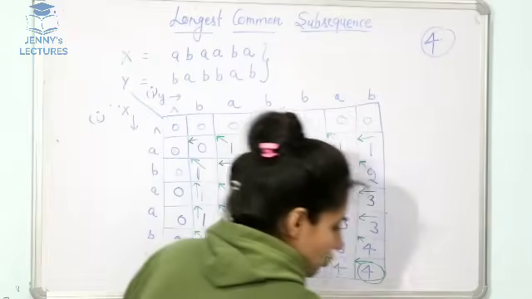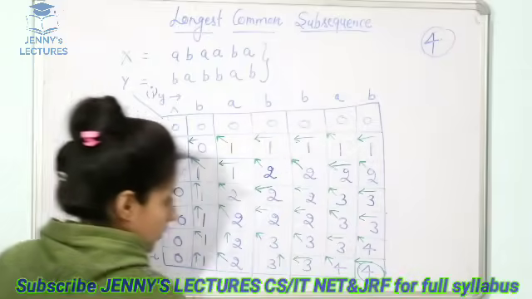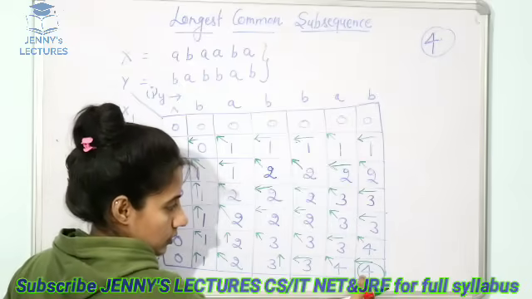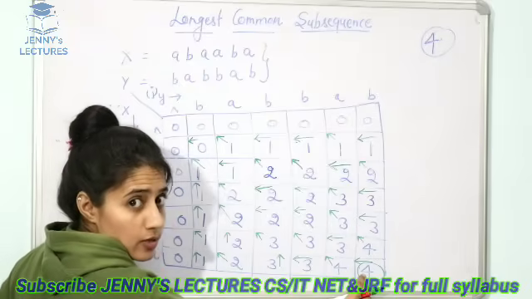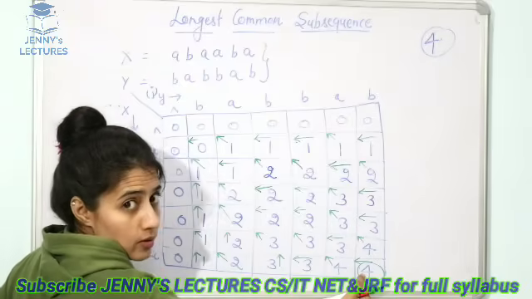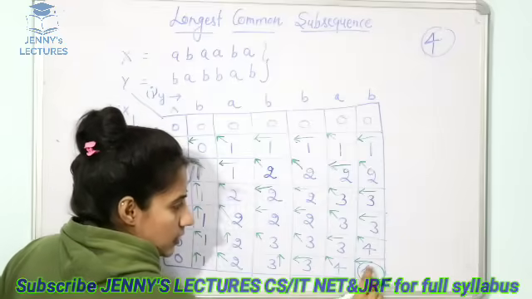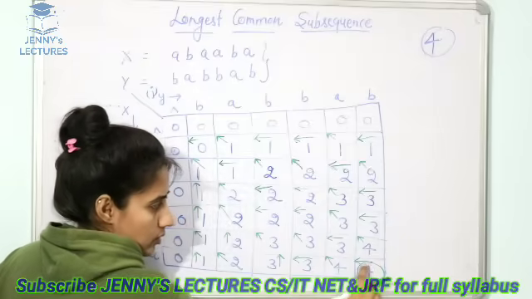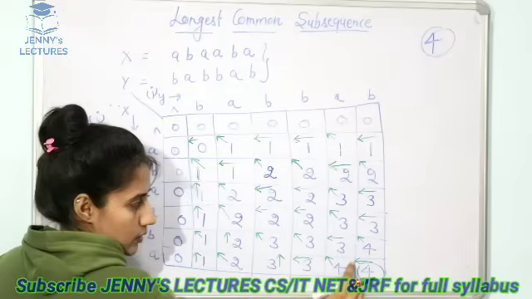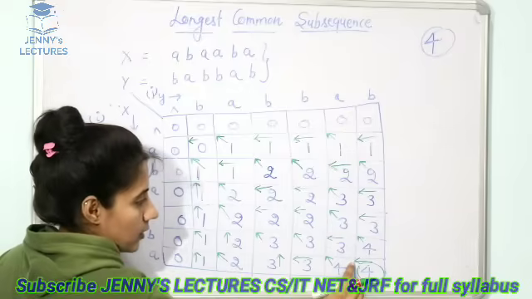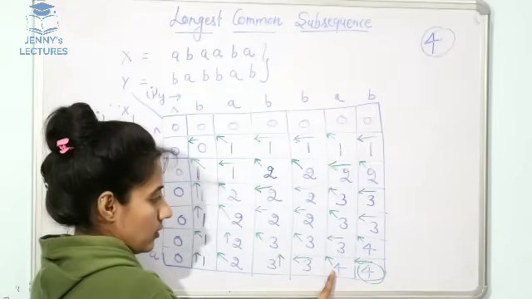Now how to find out that? Now you have to trace back. We are starting from this place only. Now check the arrows. At this place, the arrow goes to this side. Now we are at this 4.